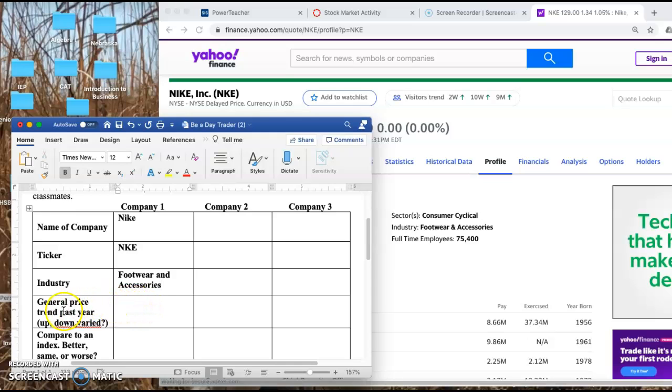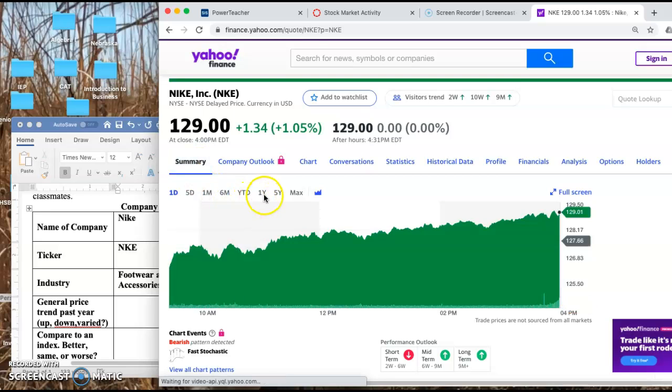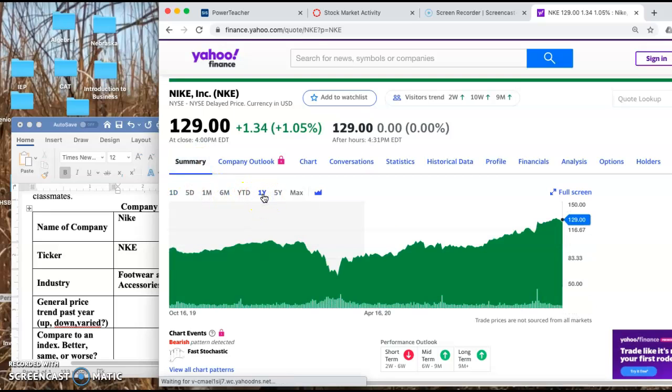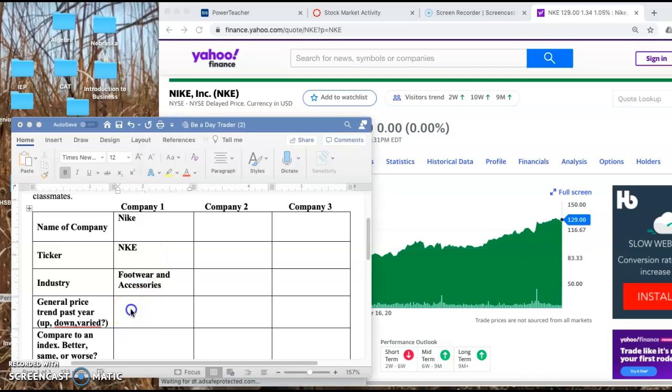All right, the general price trend in the past year. If I look back on that summary page and I look in the last year, in the last year it started out at $94, $95 and now it's up to $129. So you just put this in your own words, however you want to say.